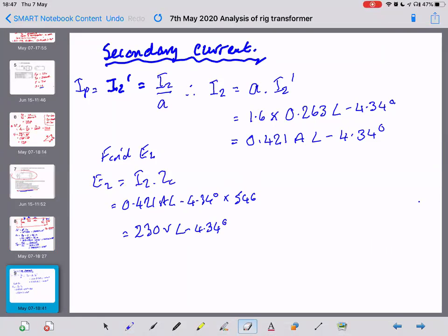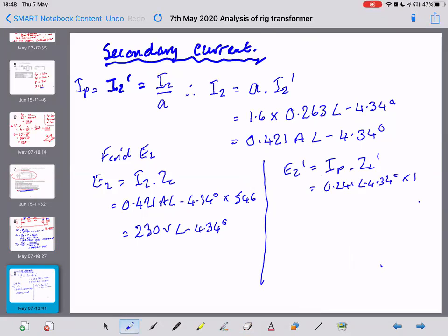The other, and probably more tricky way, is that E2 dash is equal to IP times ZL dash, which is 0.241 angle minus 4.34 degrees times 1397 equals 369 volts angle minus 4.34 degrees.